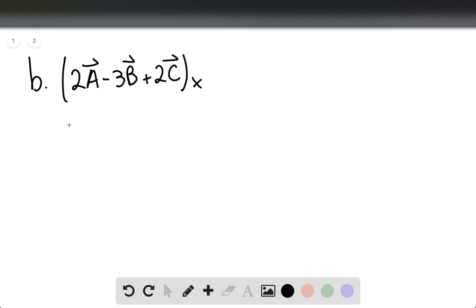Now for part B, we have 2a minus 3b plus 2c. And we'll first find it in the x direction, and then we'll do the exact same thing in the y.